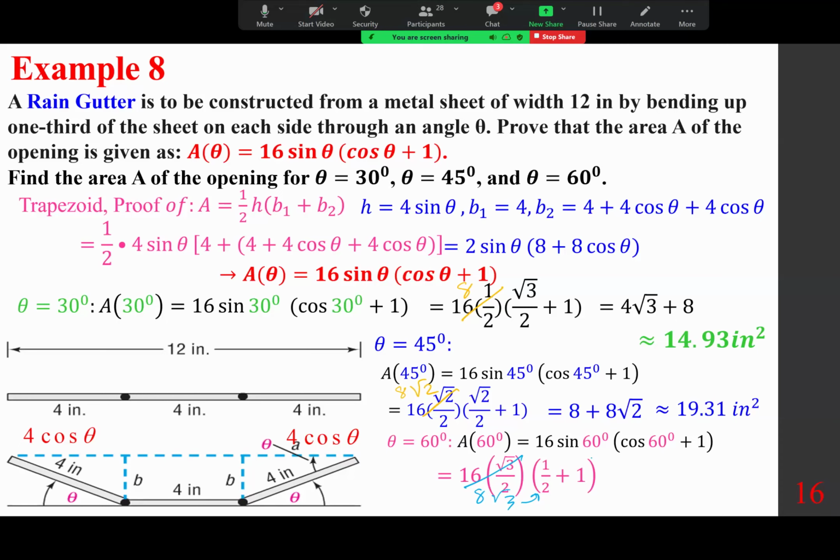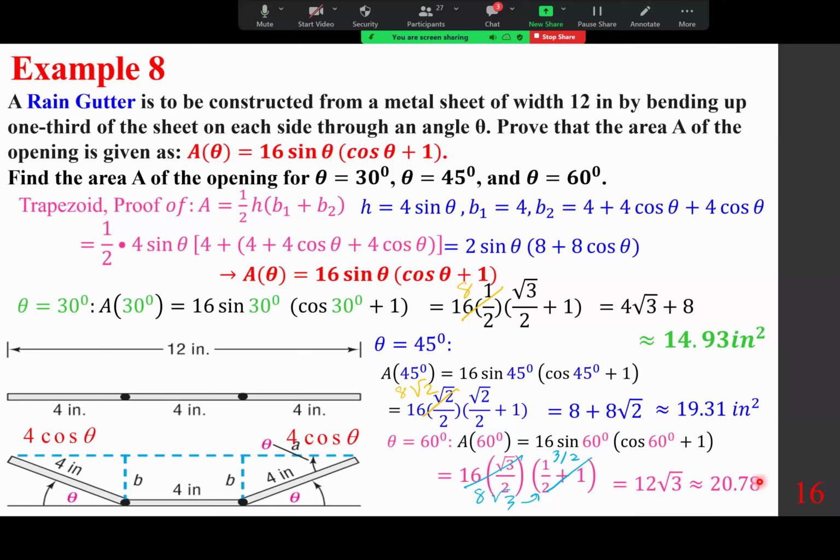Please understand this is 3/2, everybody. So 3/2 times 8 square root of 3 gives us 12 square root of 3. And this is exact answer. Same units, squared, everybody.